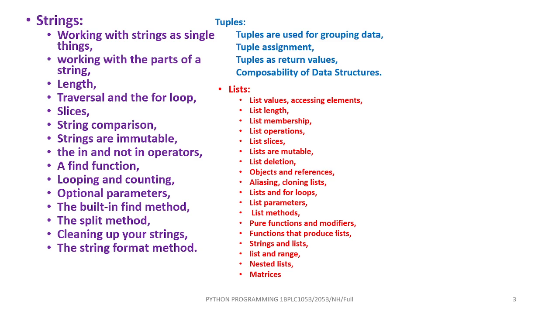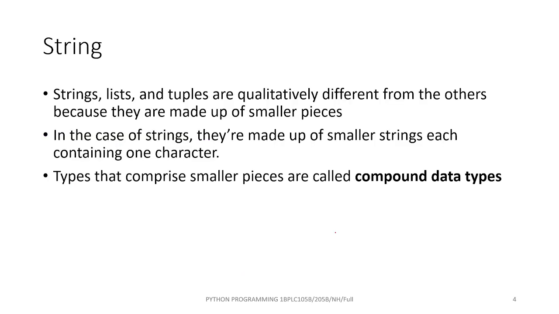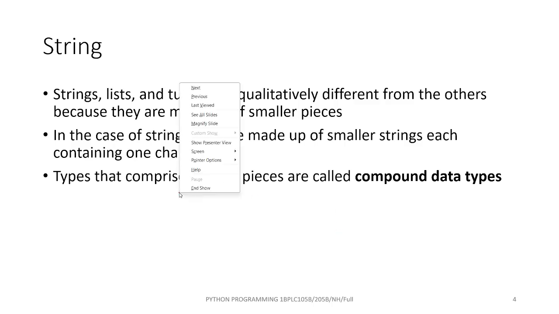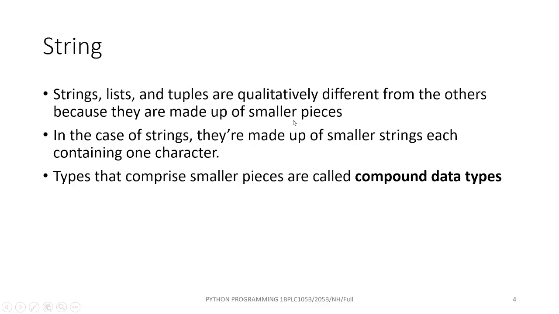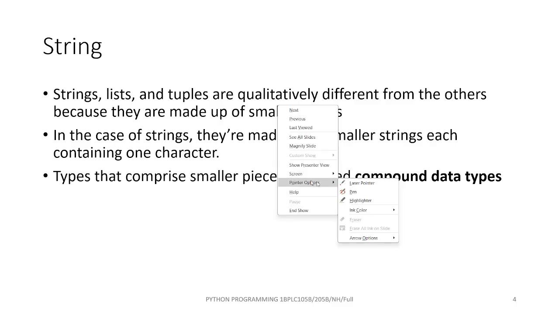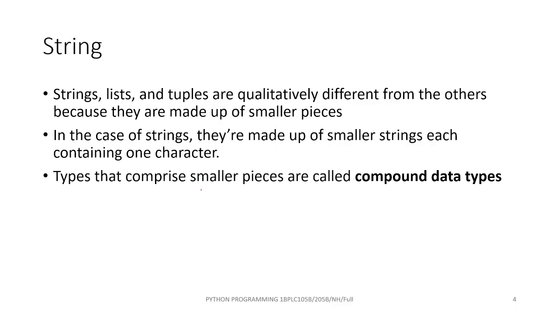Now we'll take string. String list tuples are qualitatively different from others because they are made up of smaller pieces. Like in case of string, it is combination of characters. If I put this in quote, it becomes string. Qualitatively different from others because they are made up of smaller pieces of data. It is consisting characters.